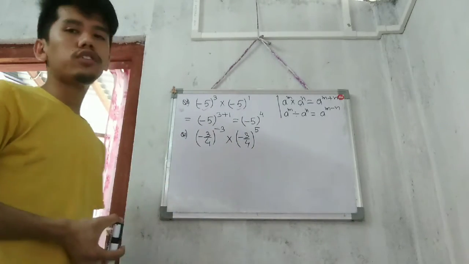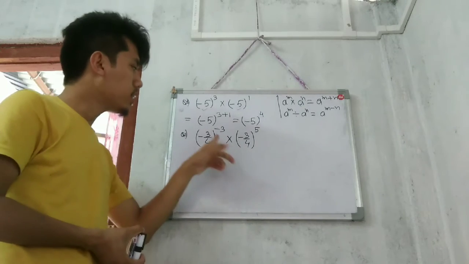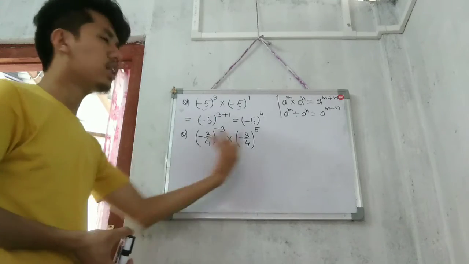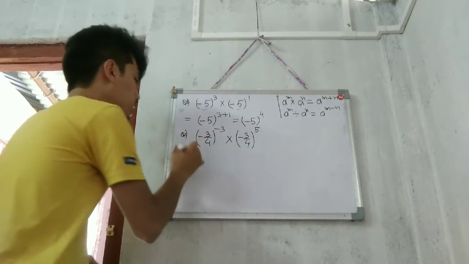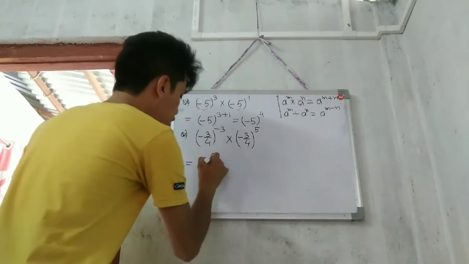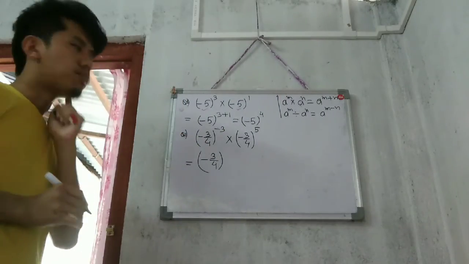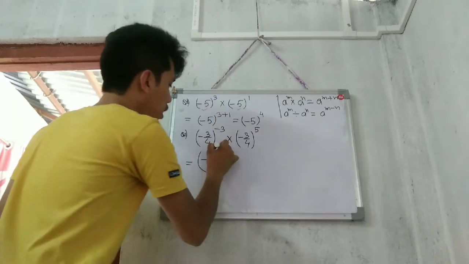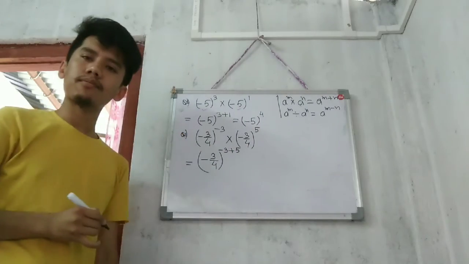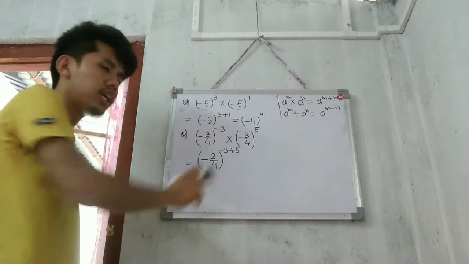Again here the bases are the same and we have to multiply, so simply we have to add their powers. The base will be the same, so write minus 3 by 4, and now we have to add minus 3 and 5, because the bases are in multiplication.